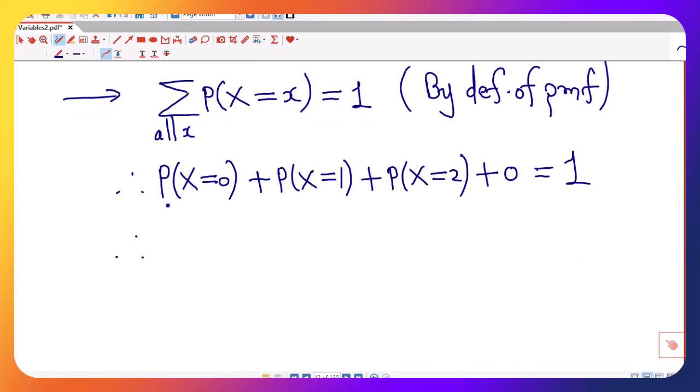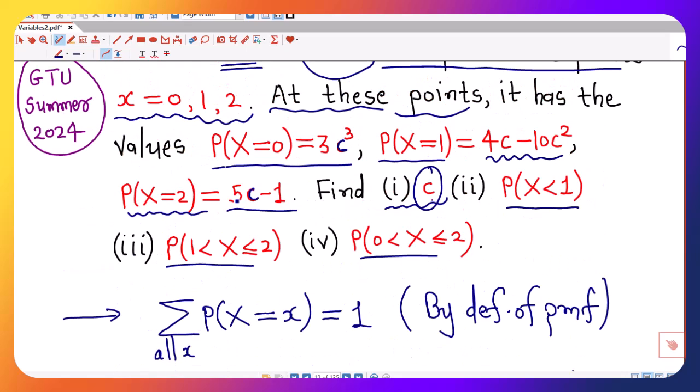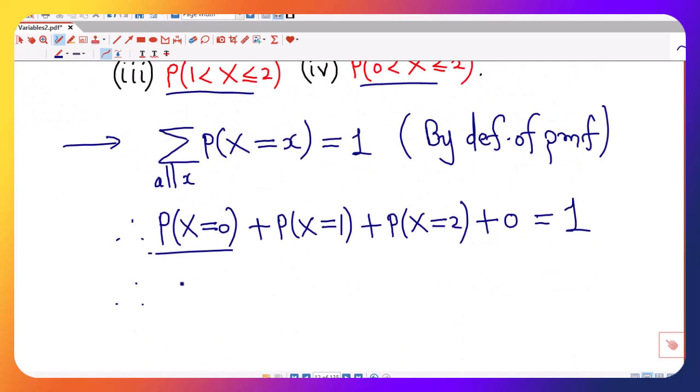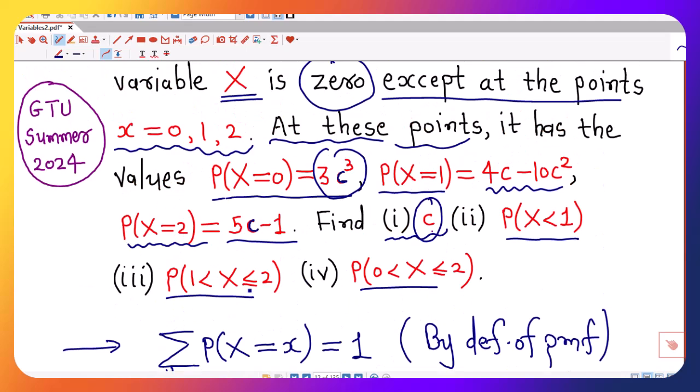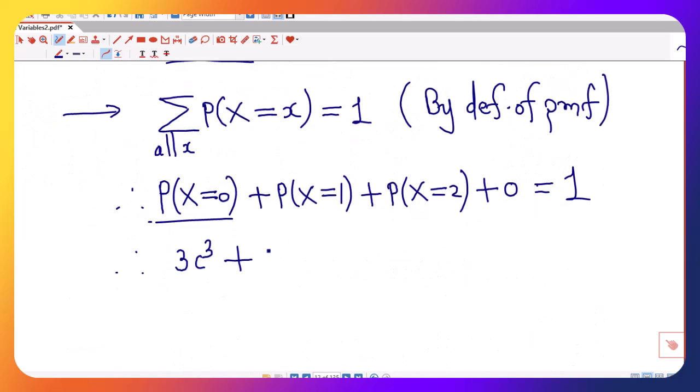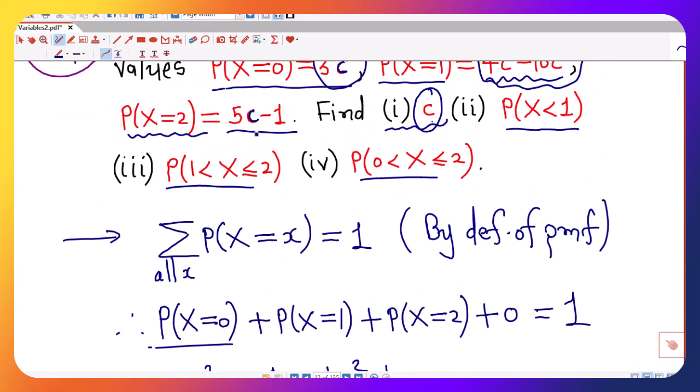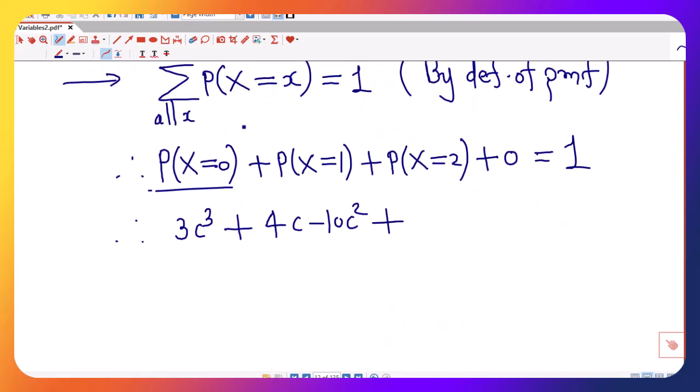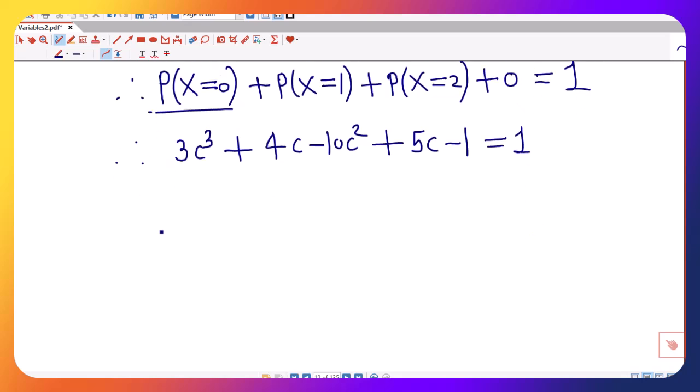Now we put in the values which are given. At x equal to 0 the value is 3 times cube of c. At x equal to 1 the value of PMF is 4 times c minus 10 times c square, and at x equal to 2 the value of PMF is 5 times c minus 1, and this sum is equal to 1.